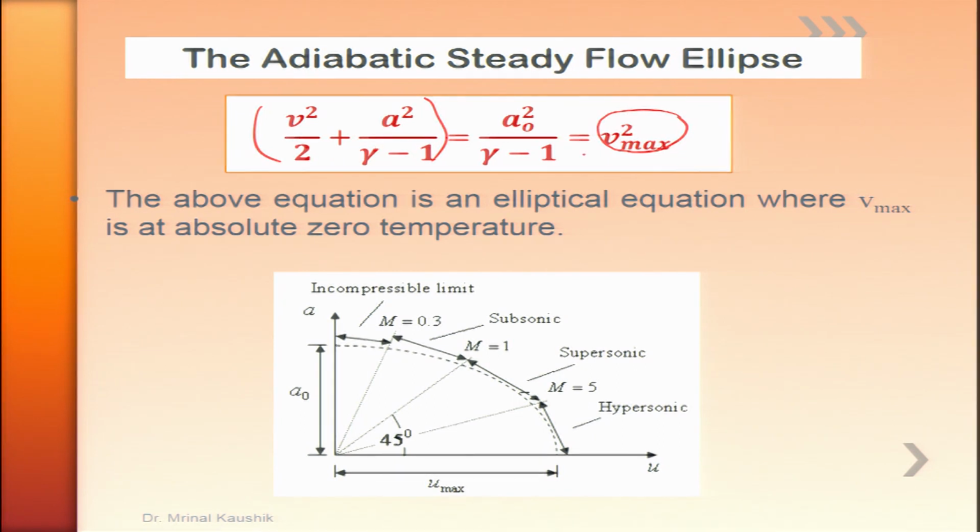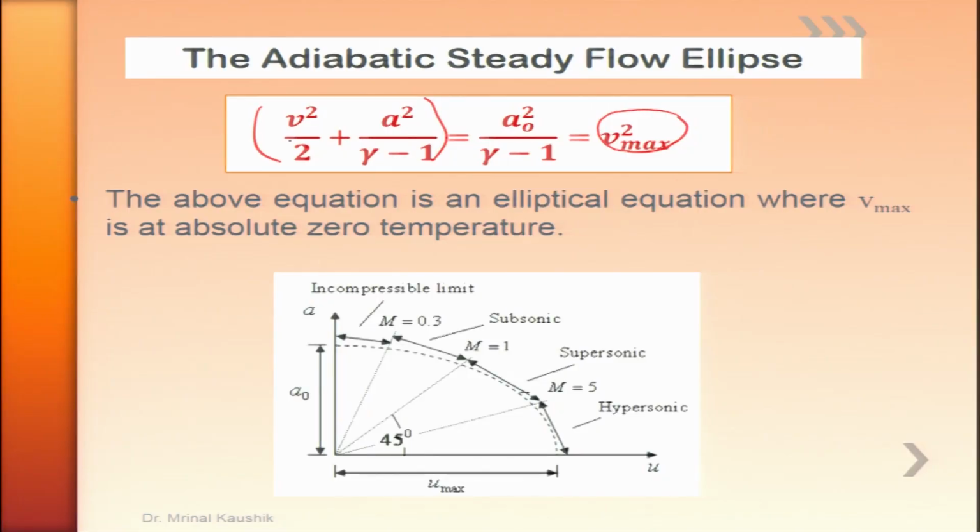To ensure this: since this side is a constant value at the stagnation speed, we can say it is at the stagnation temperature, which is not changing for the flow medium because it is an adiabatic case. If we divide this, then this becomes equal to 1, and this is nothing but an elliptical equation. Now the first quadrant of that elliptical equation is drawn over here.